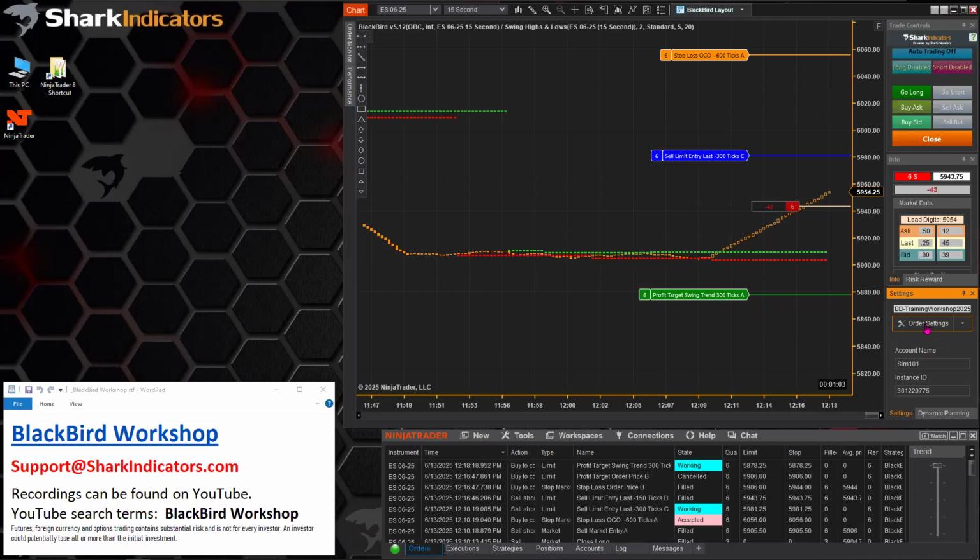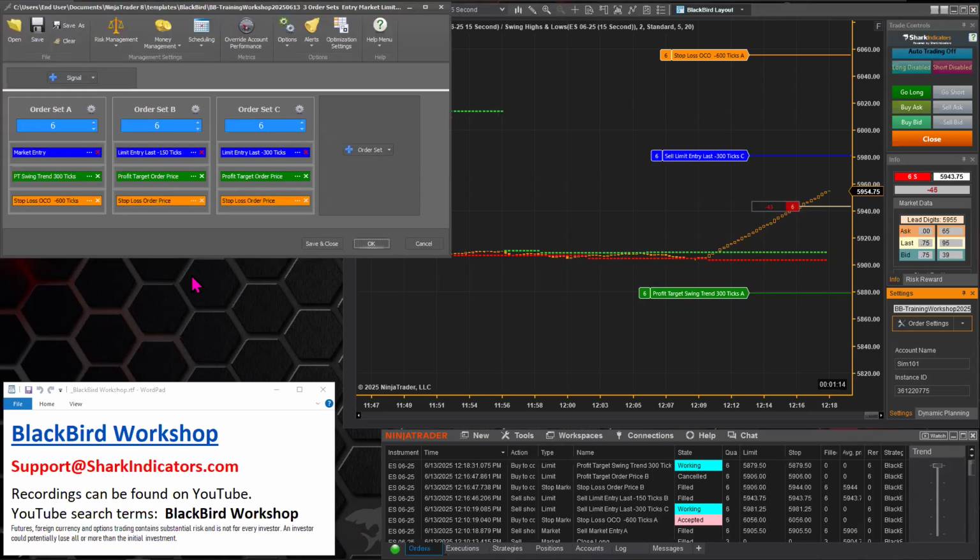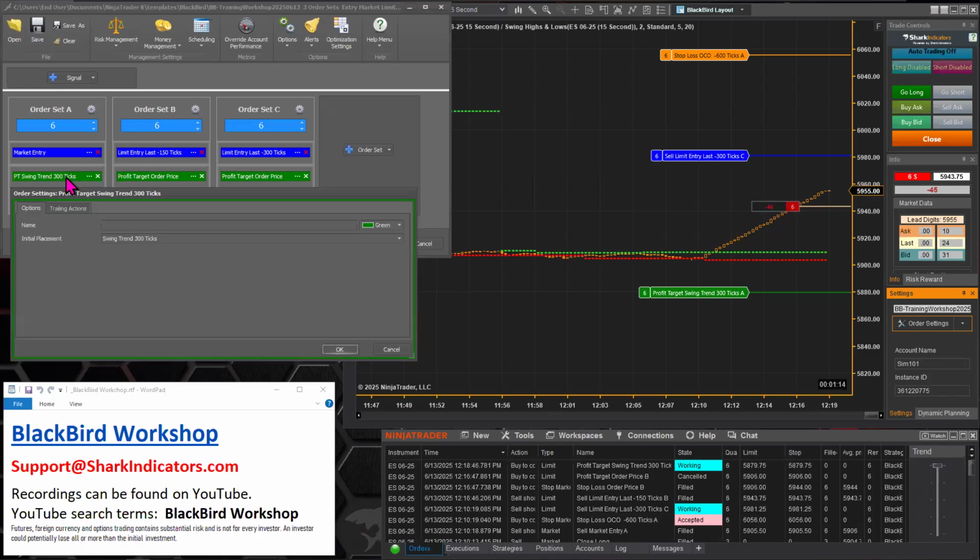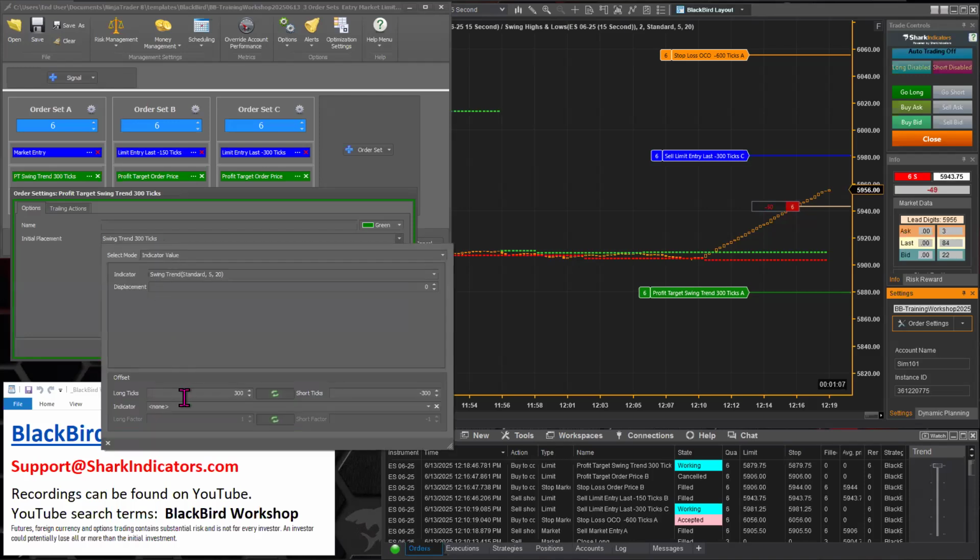Since you're using a custom bar type that's adjusting the bar sizes automatically, you would need a custom indicator that has the same formulas as your bar type, and have that indicator output a value in points.